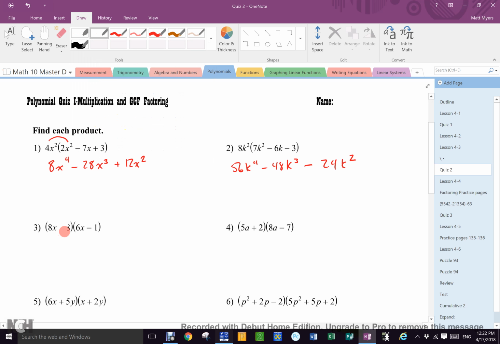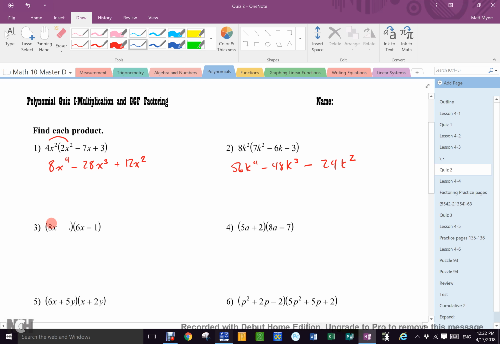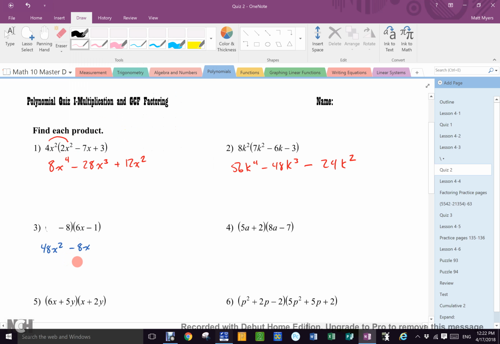If there was no negative 8 there, what would you have? Boom, boom. What would you have? X squared minus 8x. But there is a negative 8 there. If there was no 8x squared there, what would you have? You would have negative 48x plus 8.